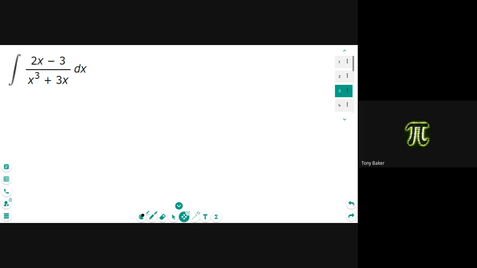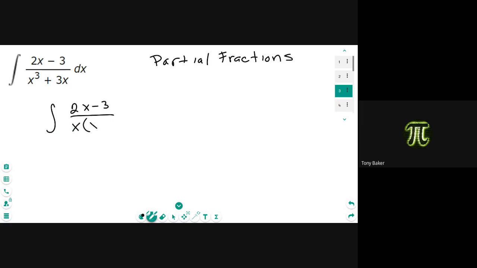All right, what method should I use here? Case 3, yes, partial fractions. So this is the one where I use partial fractions. First thing we want to do is split the bottom as much as I possibly can.